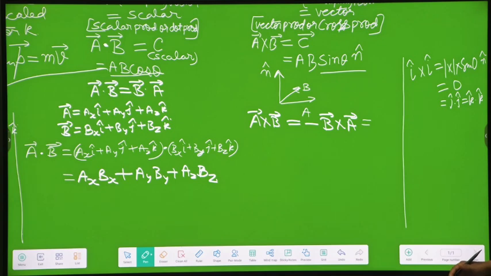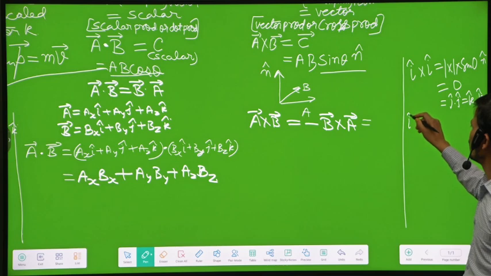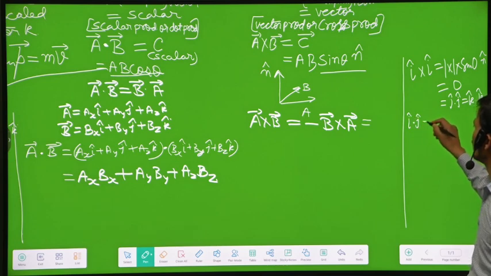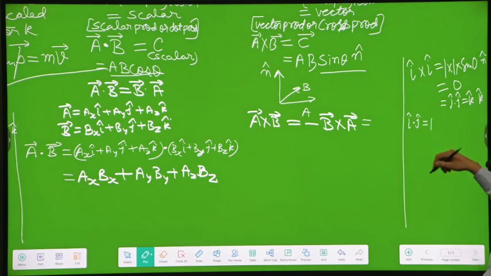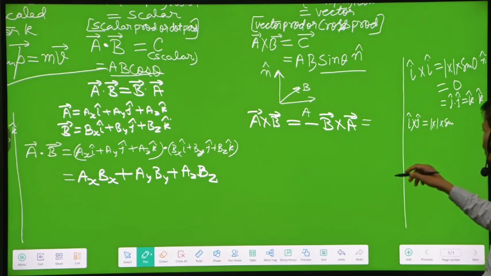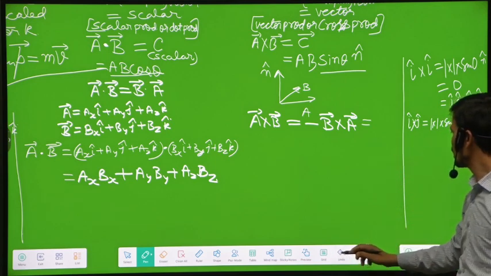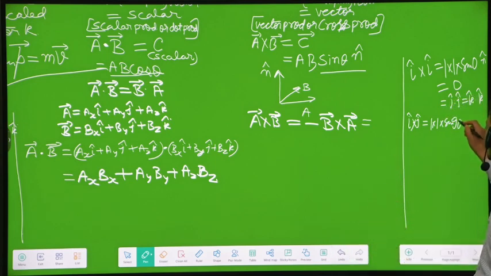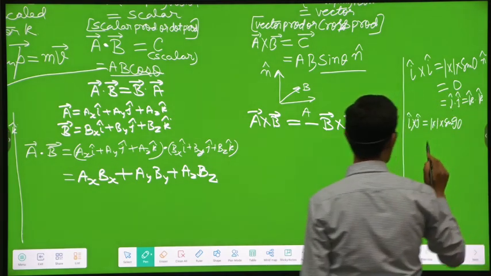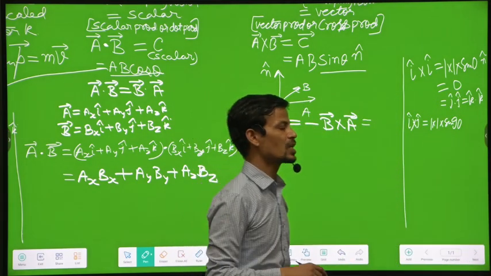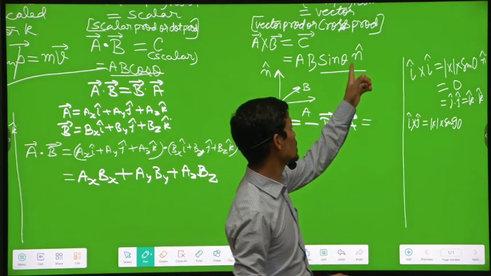Okay, now moving on. What about i cross j? So magnitude of i is 1, magnitude of j is 1, and sine of the angle between i and j, x-axis and y-axis, that is 90 degrees. i is 1, j is 1, sine 90, but one thing is missing, that is n cap.